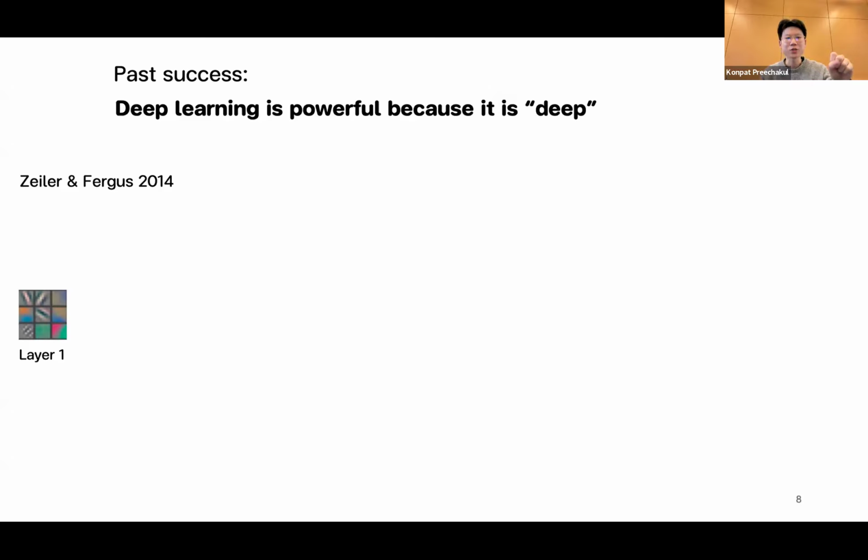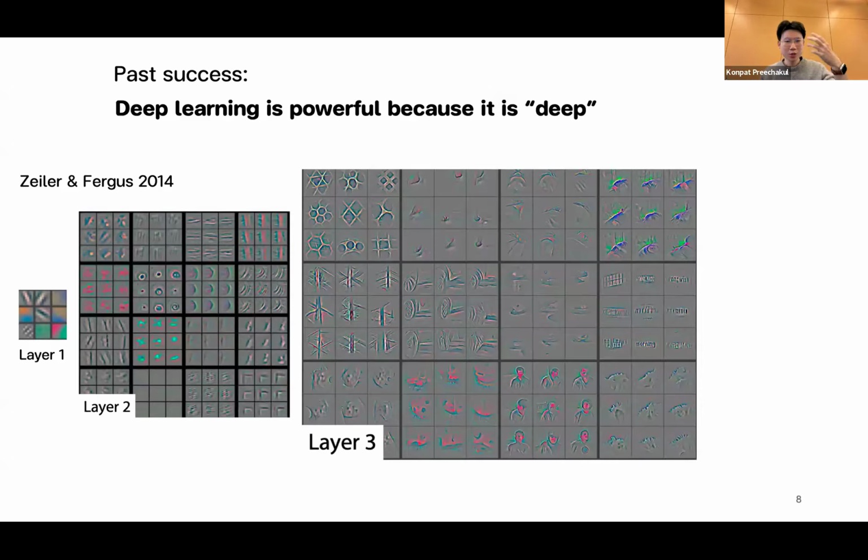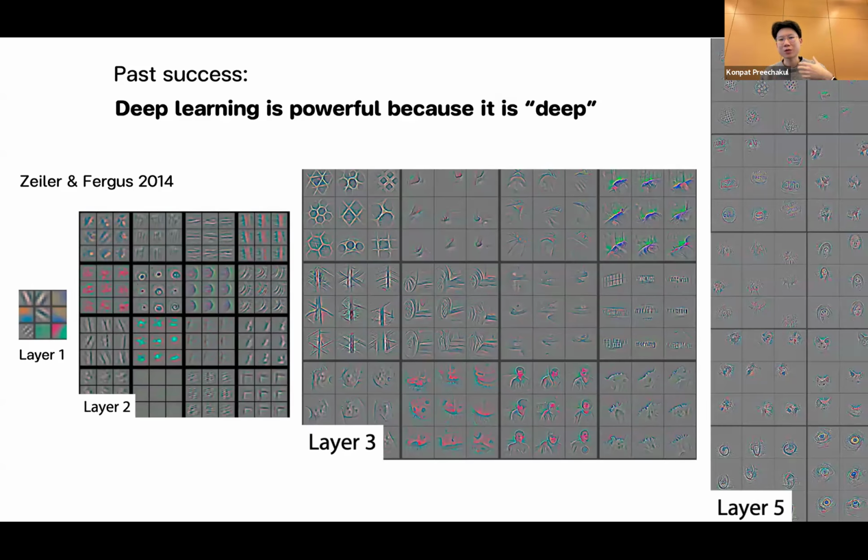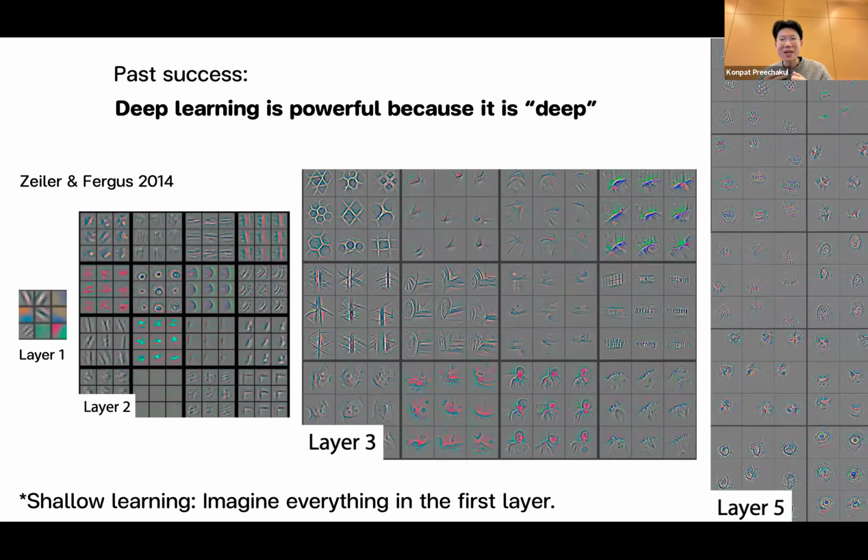It's edges to shapes to textures and to object components. By combining previous features and building the next one, it enables you to recognize any configuration of an object, such as a car with different colors, different bodies, different wheels, right? Imagine if you needed to cram all this into a single layer of shallow learning. You would need exponentially more filters.